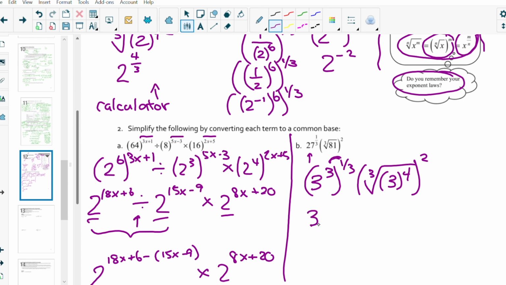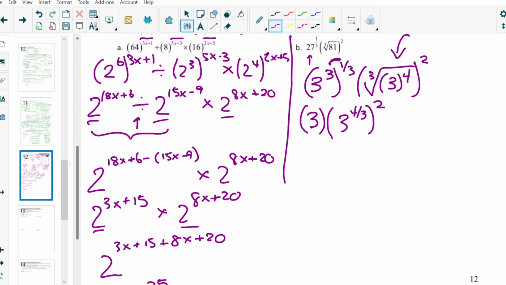So that's 3 times. Let's turn this second term here into an exponent. Okay, so that's 3 to the 4/3 squared. That's 3 times 3 to the 8/3.